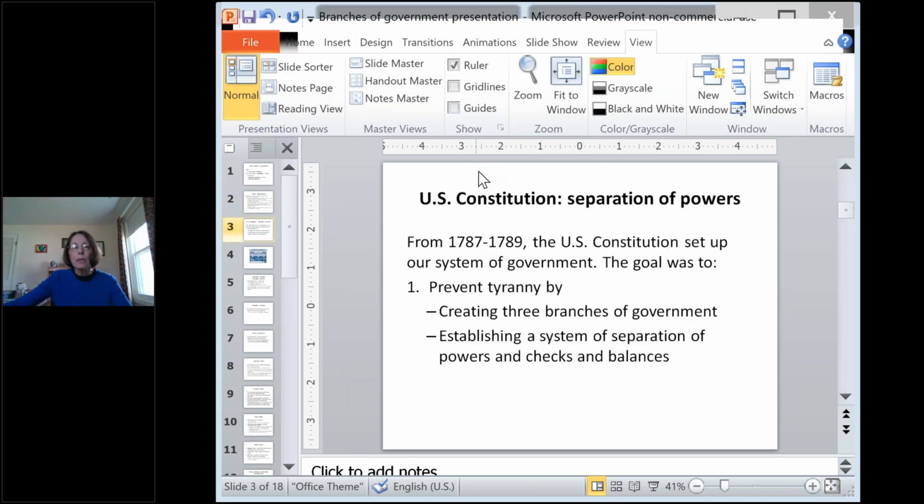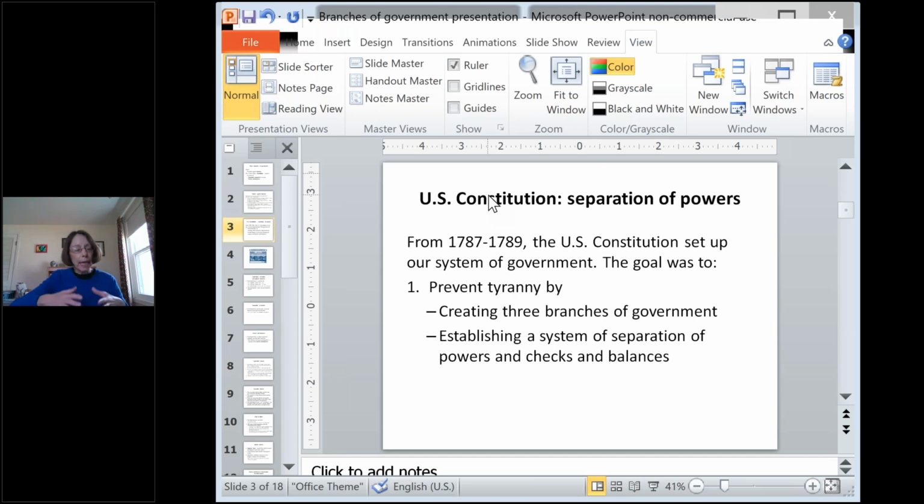So the U.S. Constitution establishes a system of separation of powers. The U.S. Constitution was created from 1787 to 1789, after the War of Independence. The U.S. Constitution is a document that sets up our system of government.